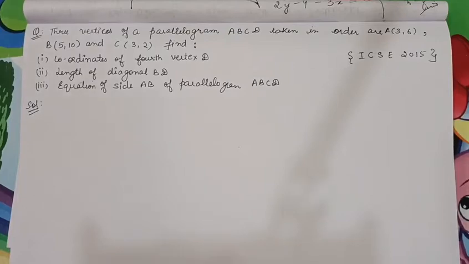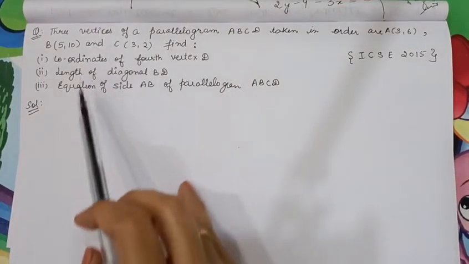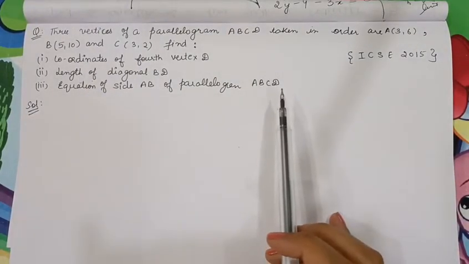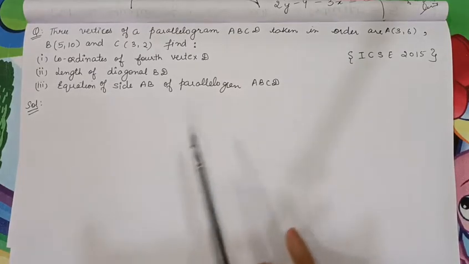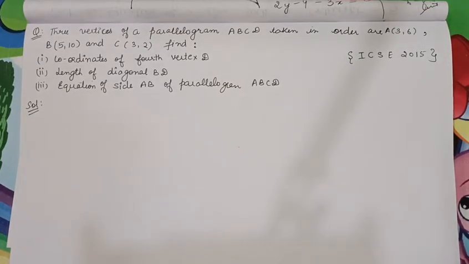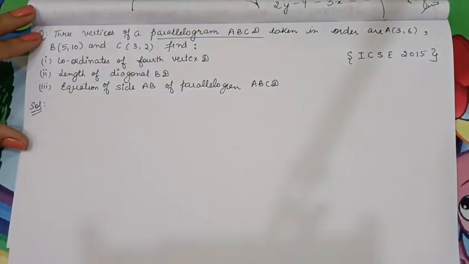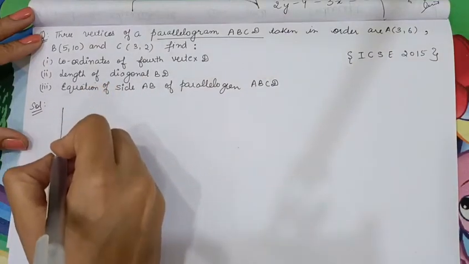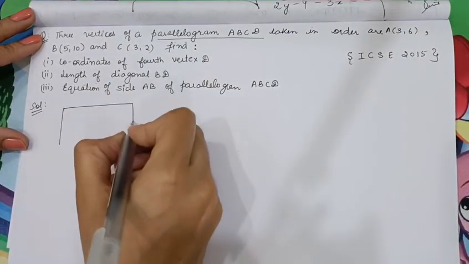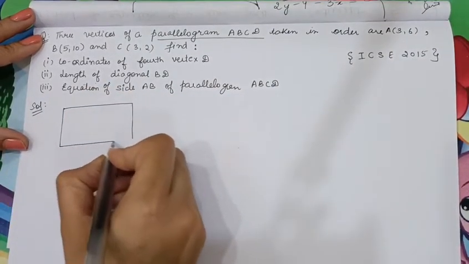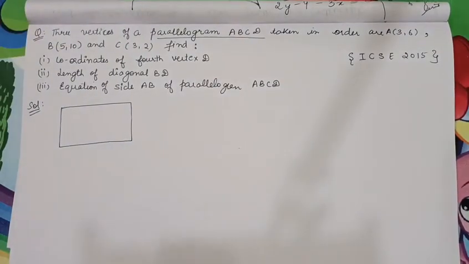As I have already told you, anytime you can draw the figure of the given information, you should try to draw it. Here in the question, it's given to us parallelogram ABCD. So let's draw it so that it becomes easy for us to attempt the question.